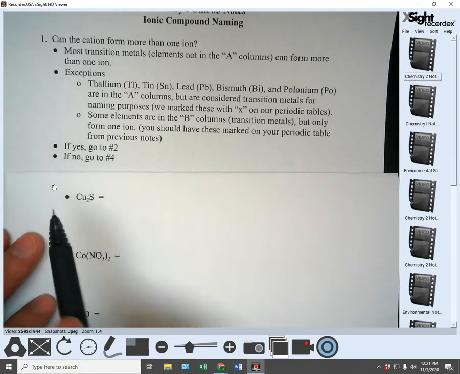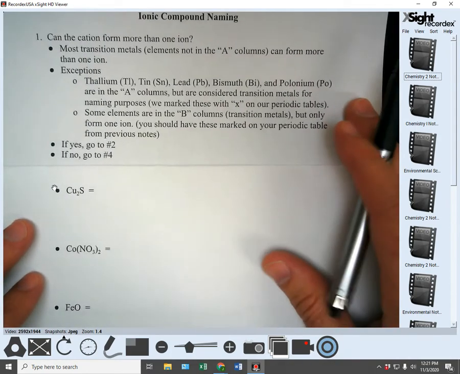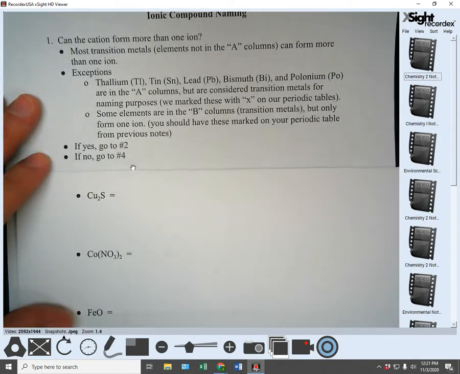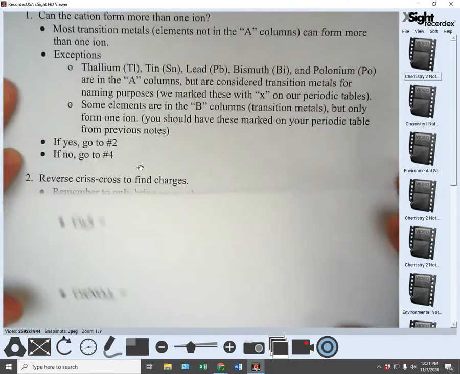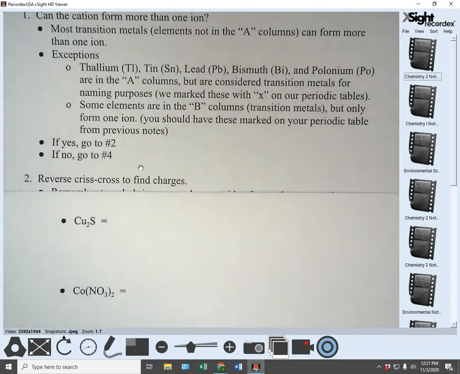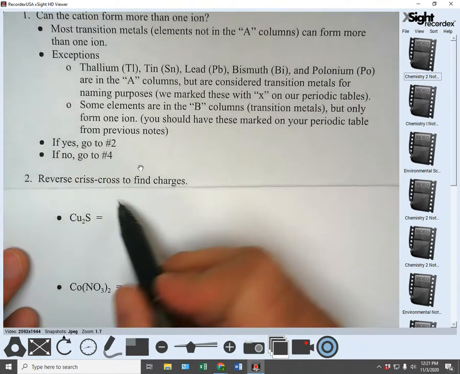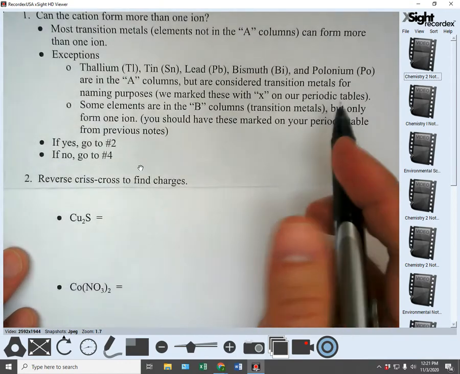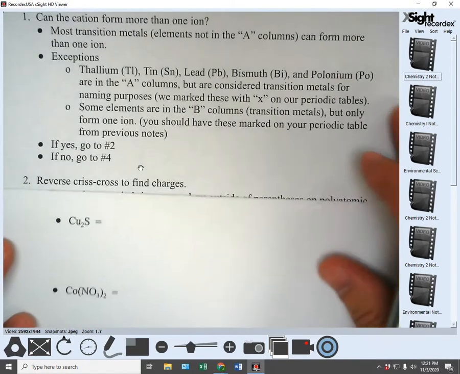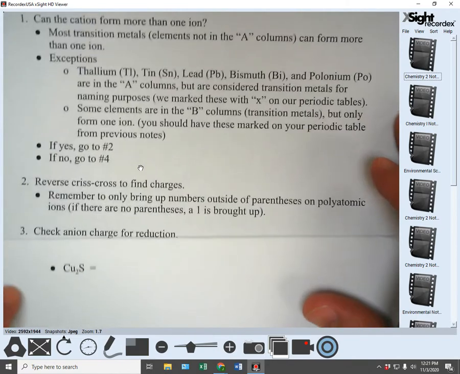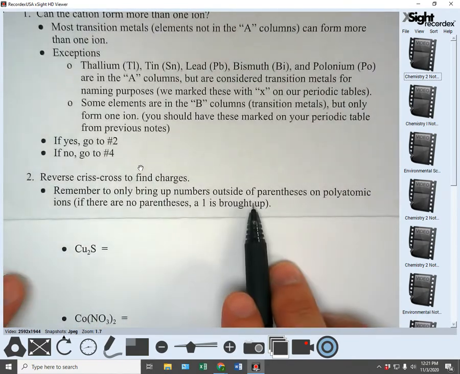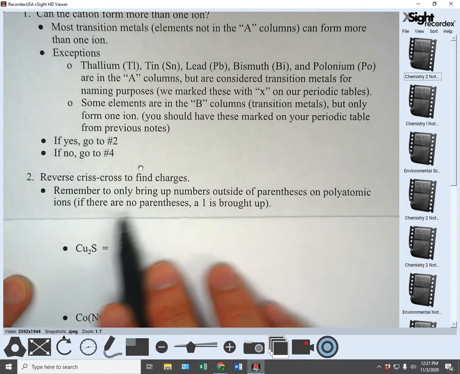All right, so this is kind of difficult until you get it down. But basically, the way we do this is we do sort of a reverse crisscross to find the charges. Remember to only bring up numbers outside of parentheses on polyatomic ions. If there are no parentheses, a 1 is brought up.